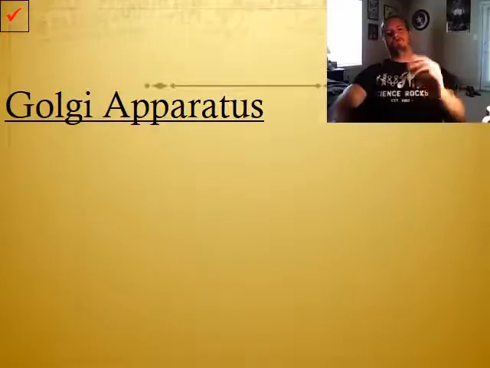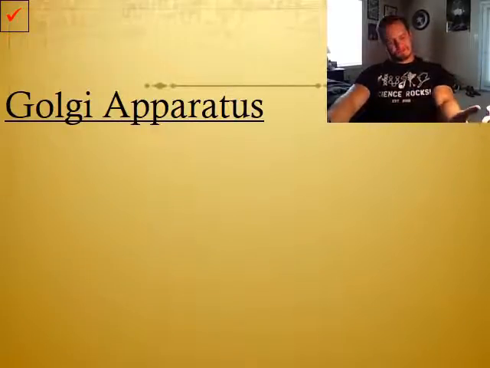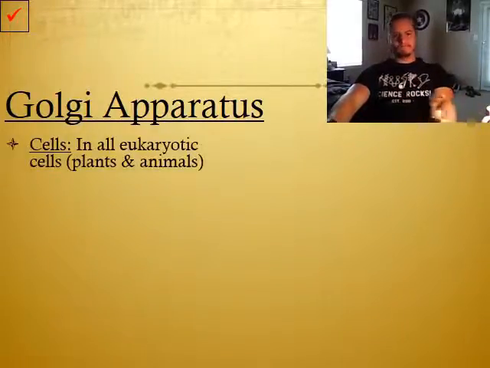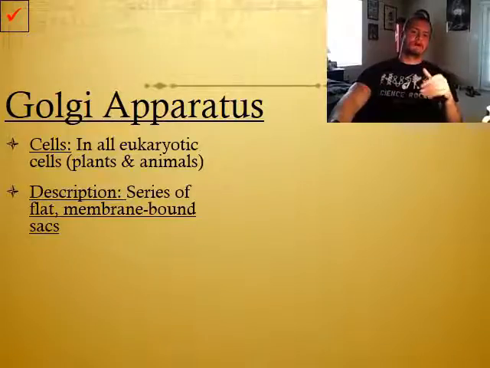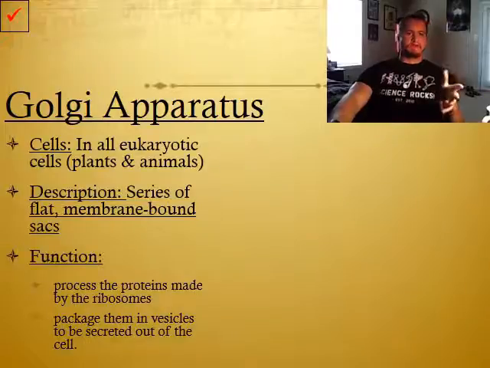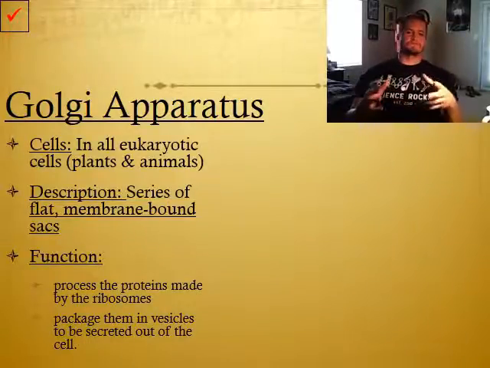So the Golgi apparatus, or just the Golgi body. The Golgi body is found in all eukaryotic cells, both plants and animals. The description is it's a series of flat membrane-bound sacs. They kind of look like a stack of pancakes. The function is they process the proteins made by the ribosomes.